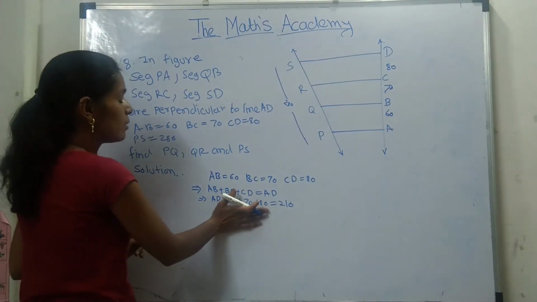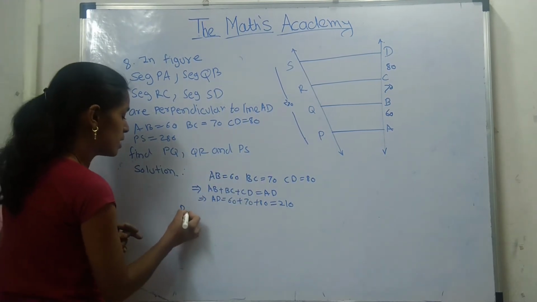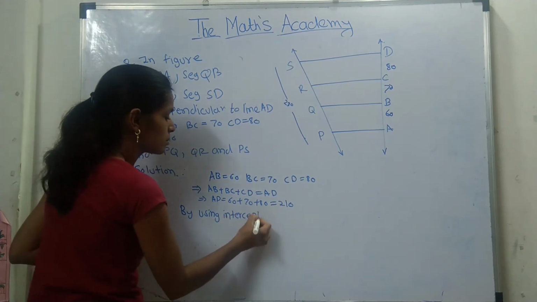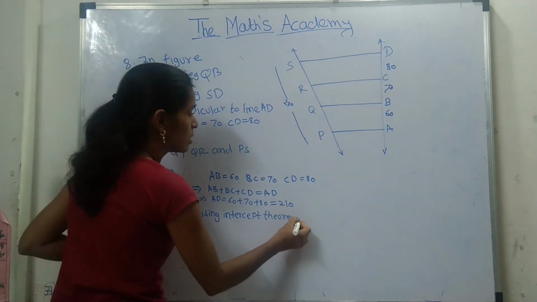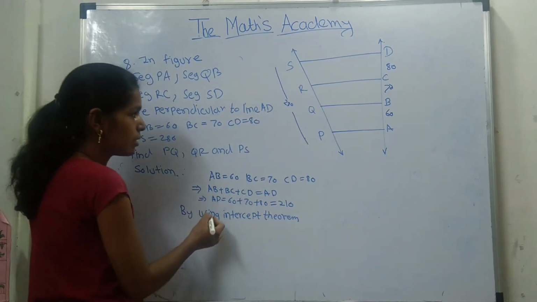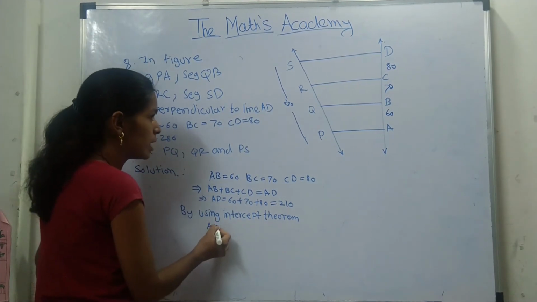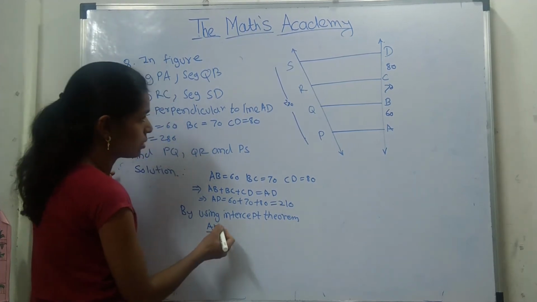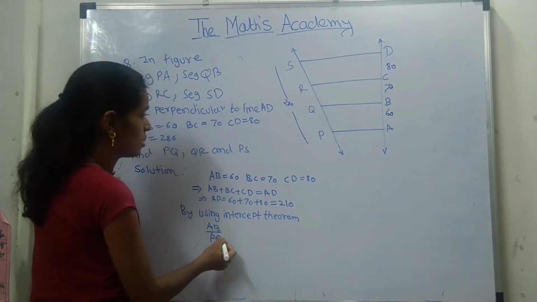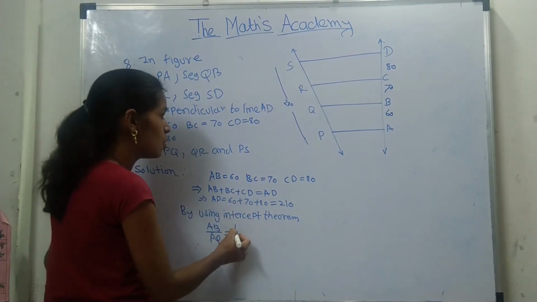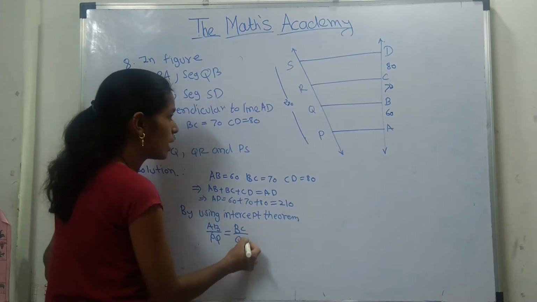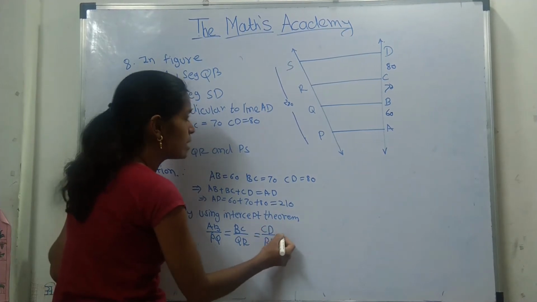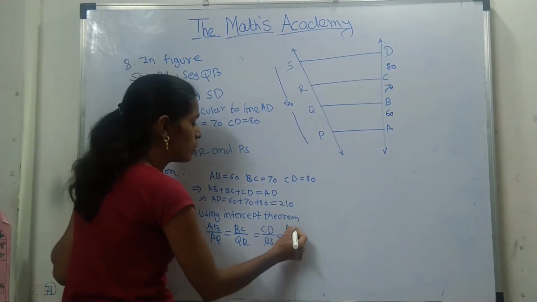Okay. Now, by using the intercept theorem, what will we get here? We will get AB upon PQ is equal to BC upon QR is equal to CD upon RS is equal to AD upon PS.